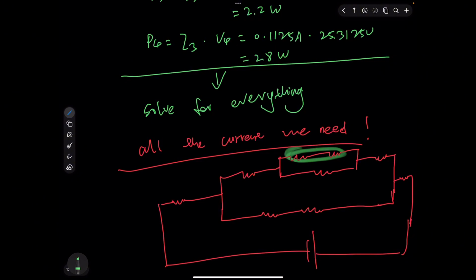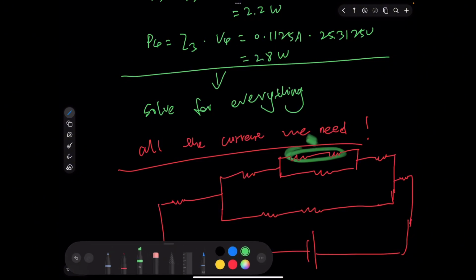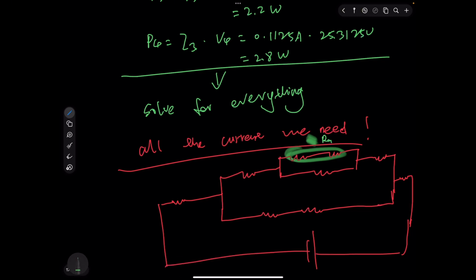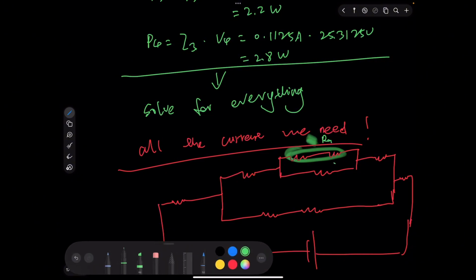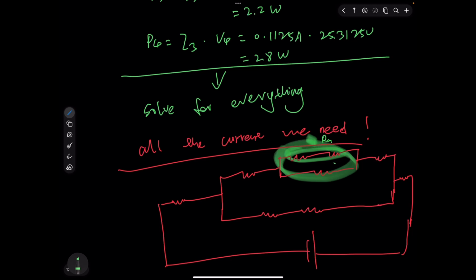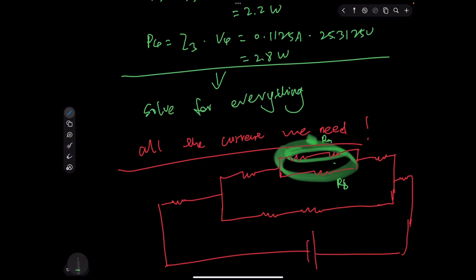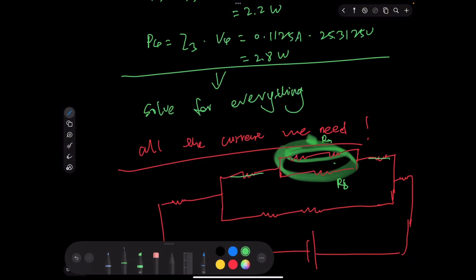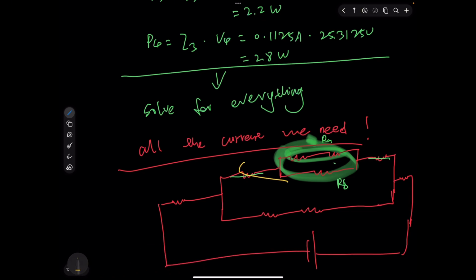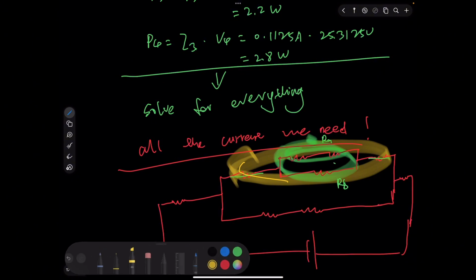We start from here, combining these two first. This is our RA. Then after we get RA, we calculate the parallel part for this one. This is our RB. Then RB in series with this guy and this guy. That's our RC.